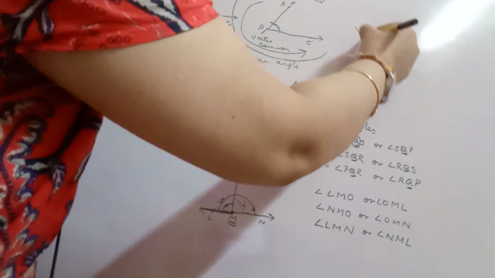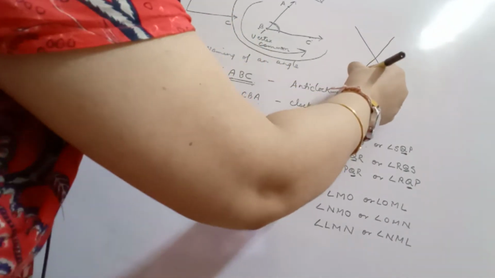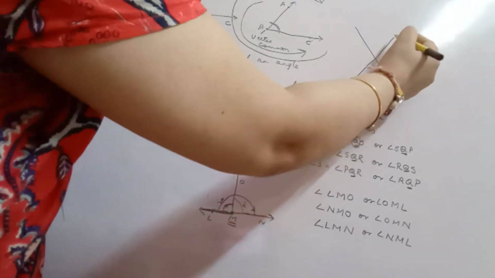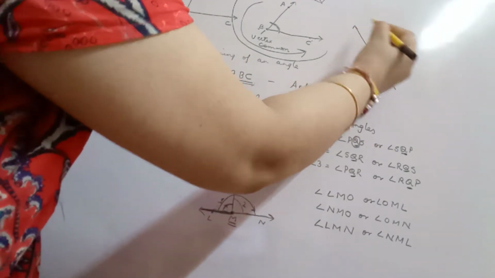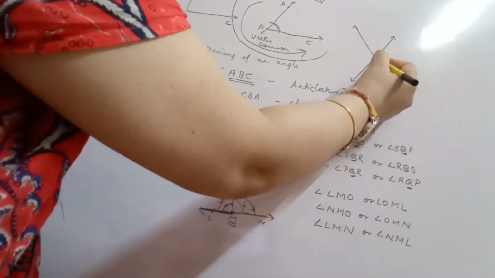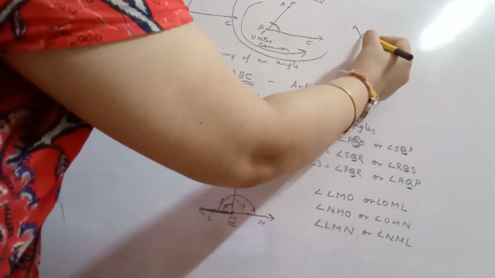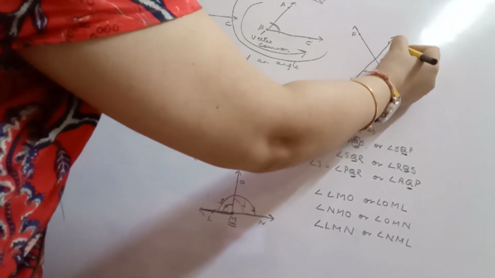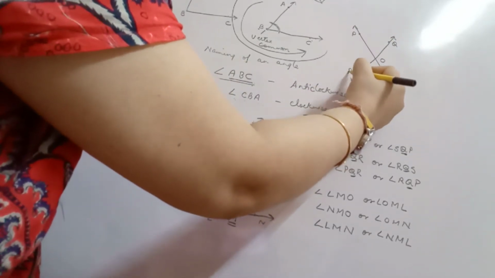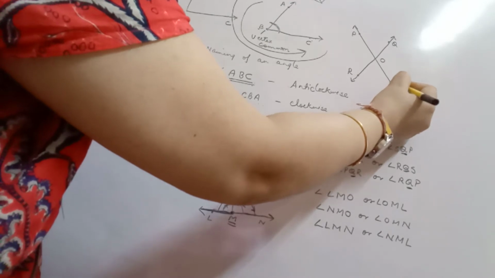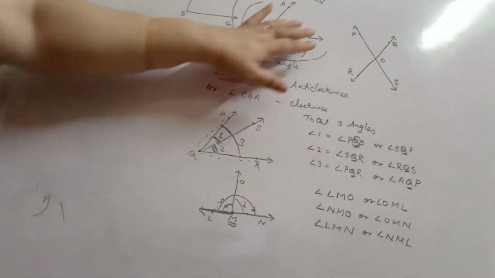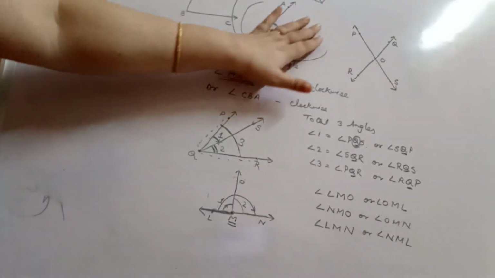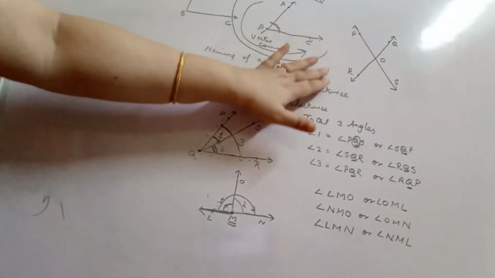I can give you a task to do here. I have made two intersecting lines here, and you have to name all the different types of angles forming in this figure.